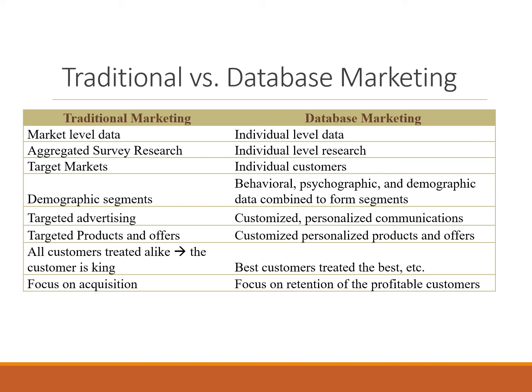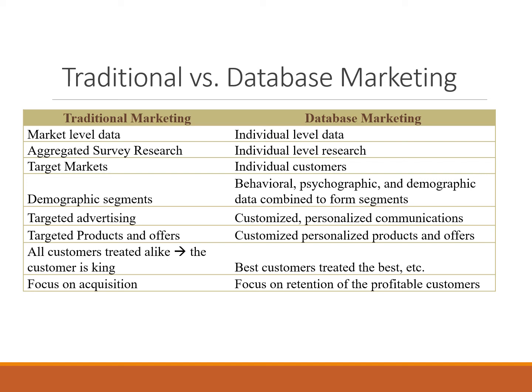Not all customers are created equally. Not all customers are equally valuable to the organization. And if you have individual level data, the very first thing you can do is sort out who are your best customers. This is critical.